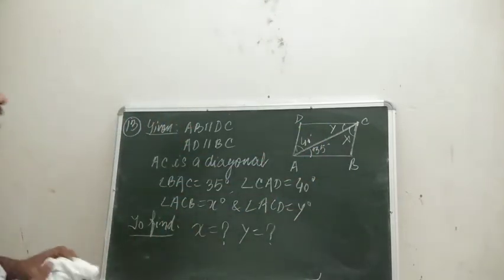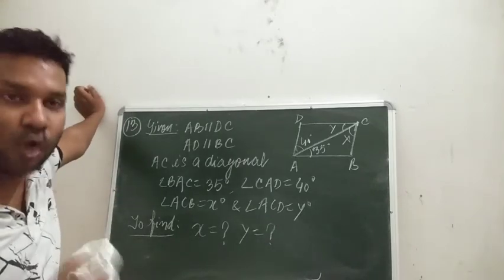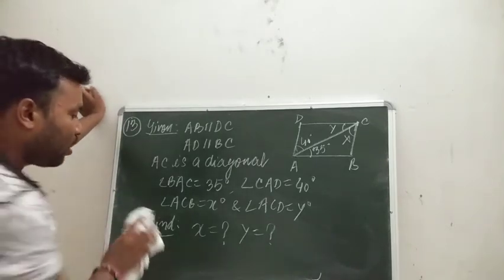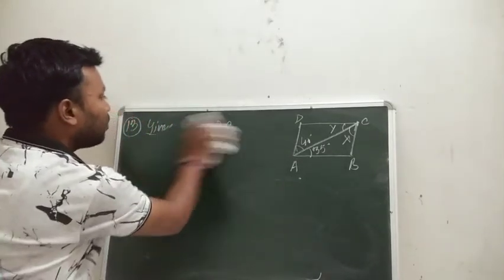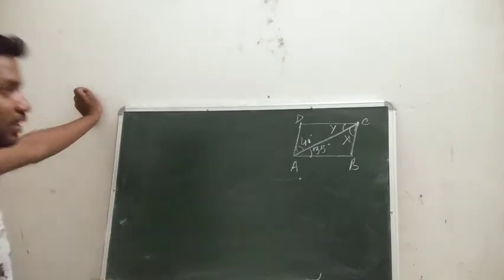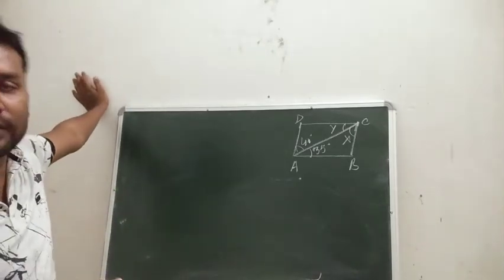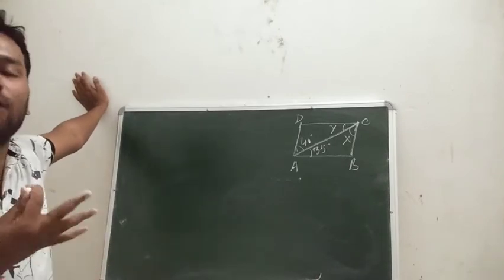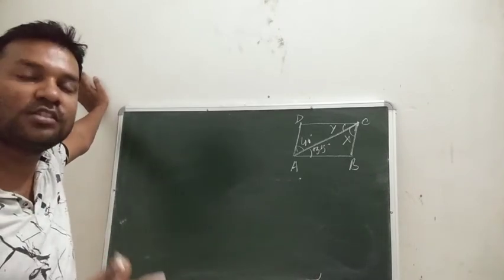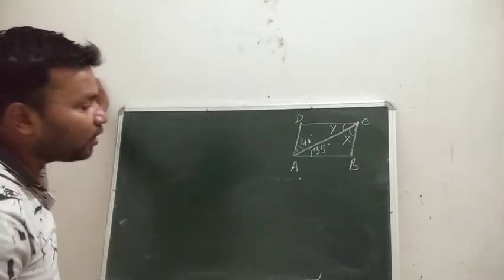So we have to find the value of x and y in this question. So students, we will again follow here the properties of parallel lines, according to which if there are two parallel lines and one transversal line, then the angles formed by that transversal, that is pairs of consecutive angles, pairs of alternate interior angles, pairs of corresponding angles, these angles will be equal.